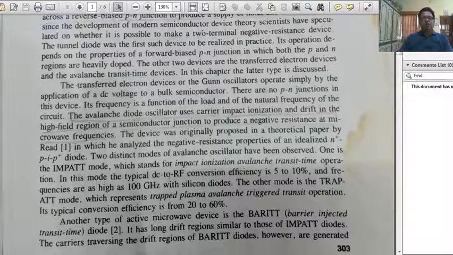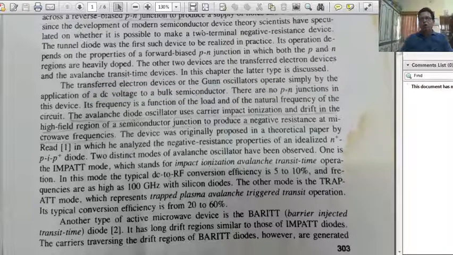The transferred electron devices or Gunn oscillator operate simply by the application of DC voltage to a bulk semiconductor. We just apply a DC voltage across a bulk semiconductor.